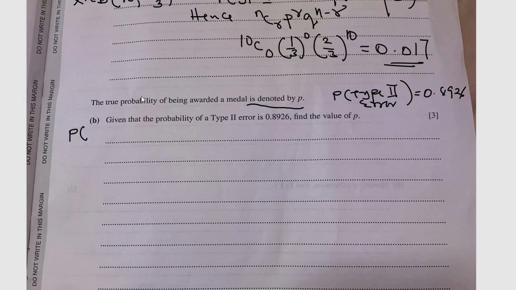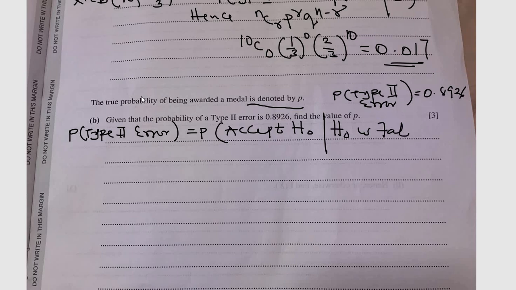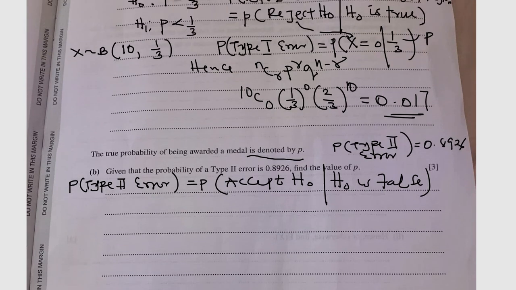Now, what is type 2 error? Type 2 error means the probability of accepting H0 when H0 is false. Accept will be the opposite of the rejection region.